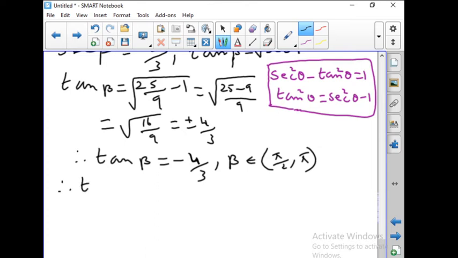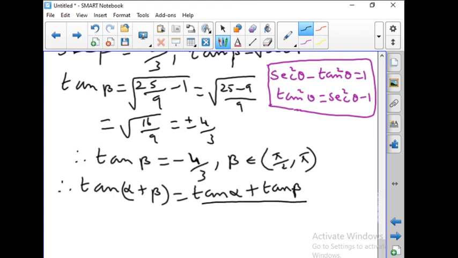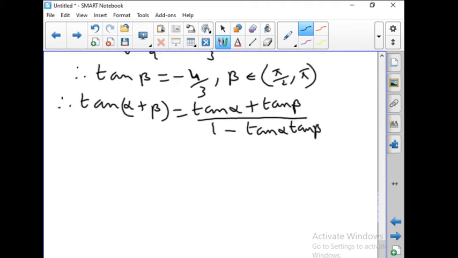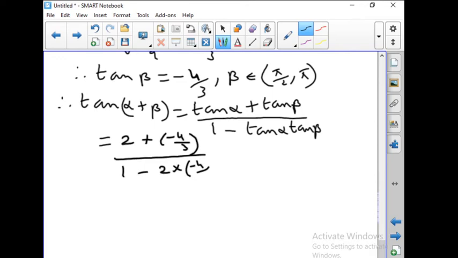So, therefore, tan of alpha plus beta, use the identity: tan alpha plus tan beta by 1 minus tan alpha into tan beta. So what is it equal to? Tan alpha is 2, so 2 plus tan beta is minus 4 by 3, divided by 1 minus 2 into minus 4 by 3.